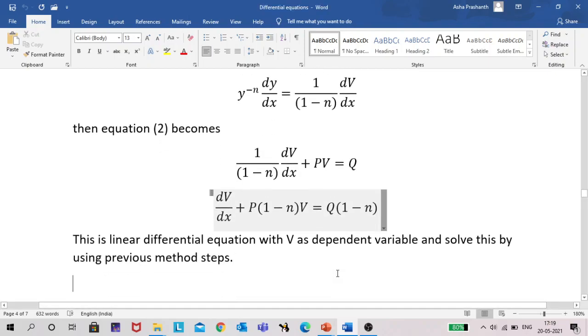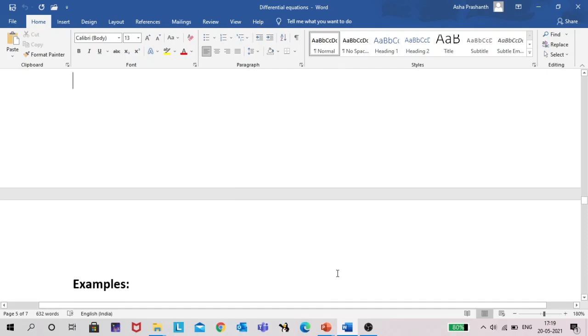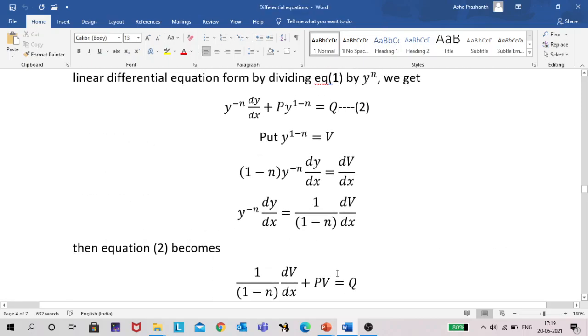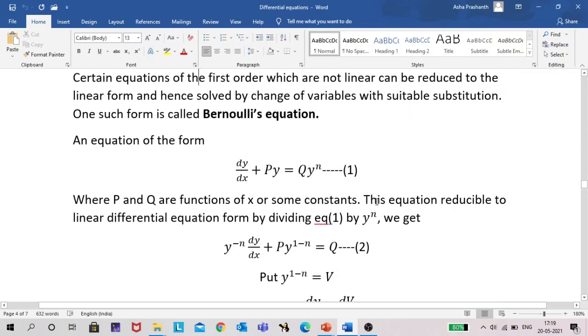First we should find the integral factor. After that we find the general solution. Clear? So what do we have to do? First we divide the equation by the q coefficient. After dividing, we take the p coefficient as v.